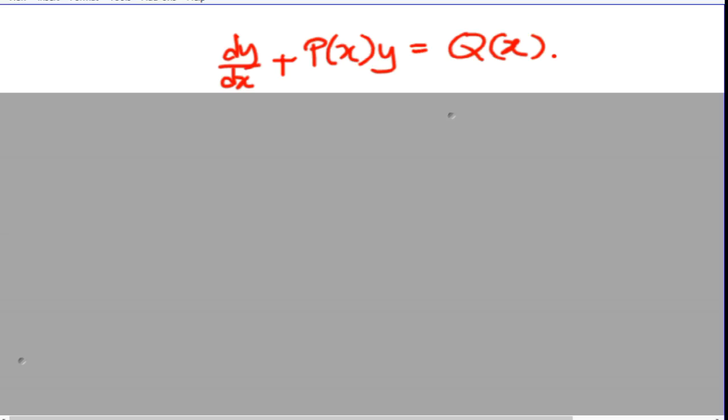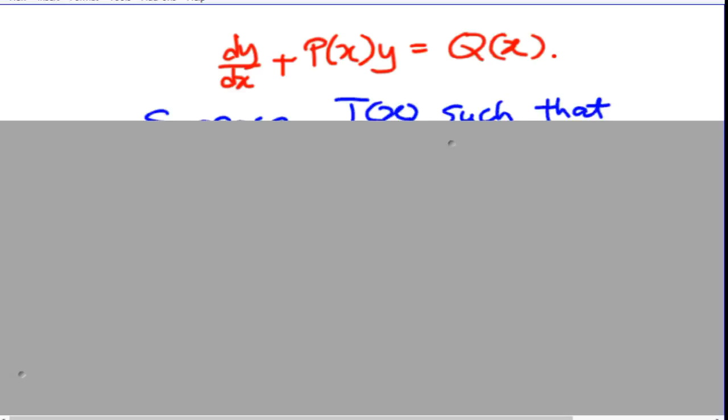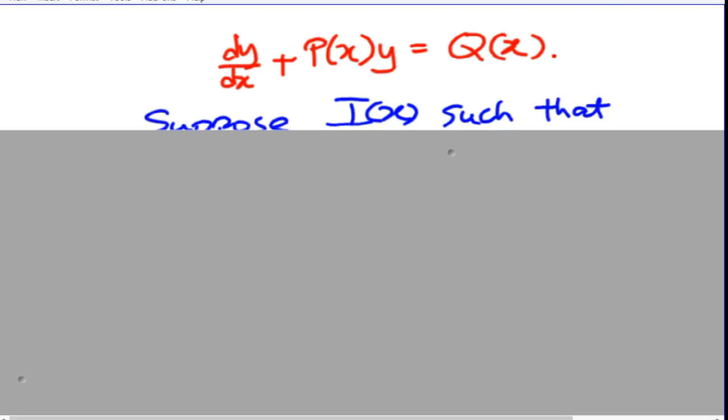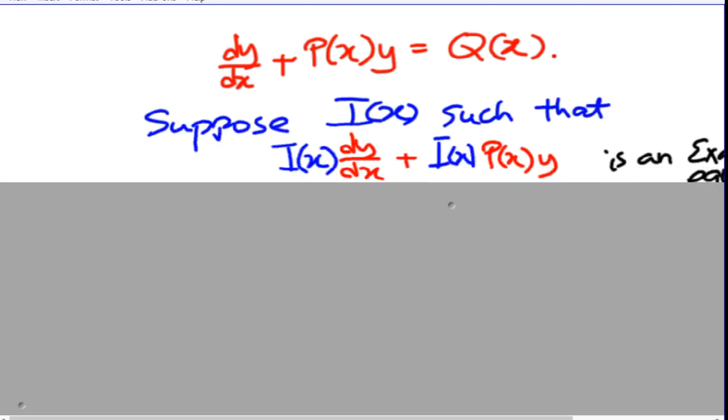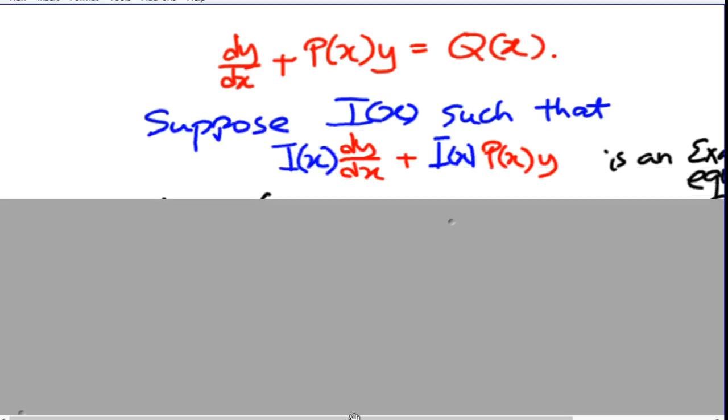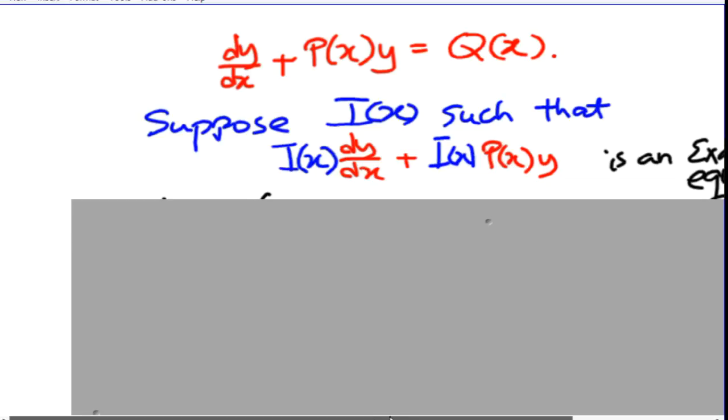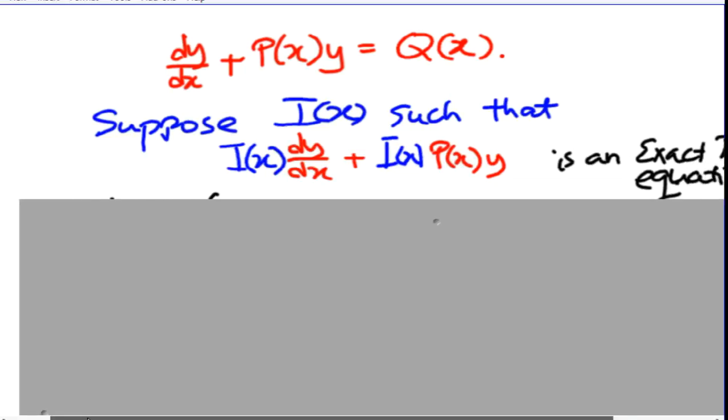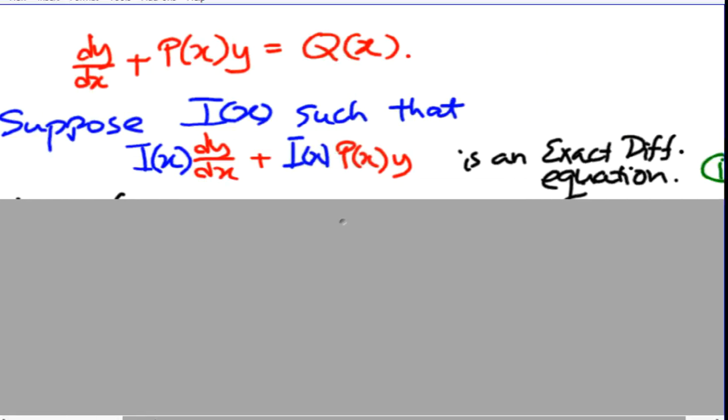Well, let's get started by assuming that there is actually an integrating factor, and suppose this integrating factor has this particular property. That is, when you multiply through by this integrating factor, you will actually get an exact differential equation.